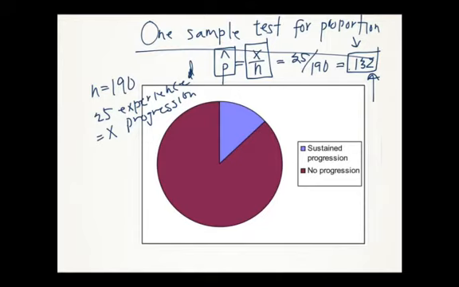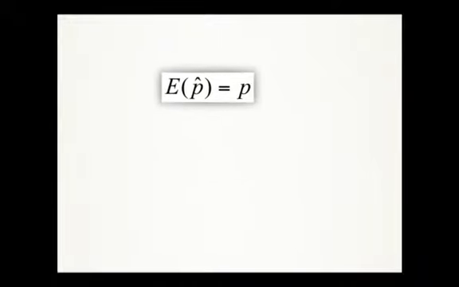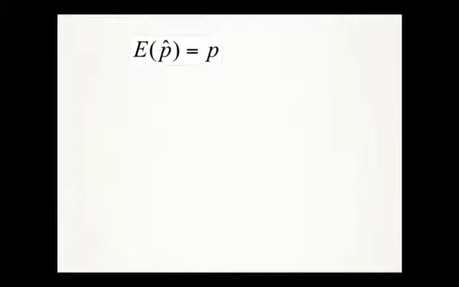Before we get to that, let's do a quick review of some basic results. One basic result is that the expected value of p hat, where this big E means expected value, is equal to p. So what does that mean?